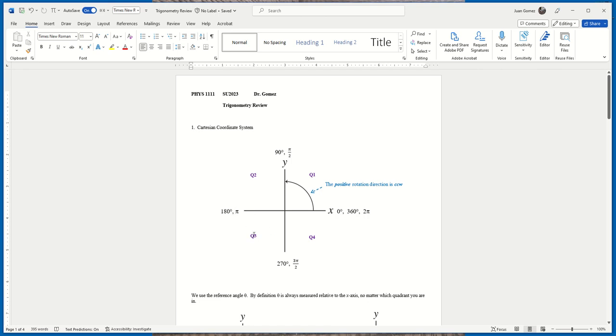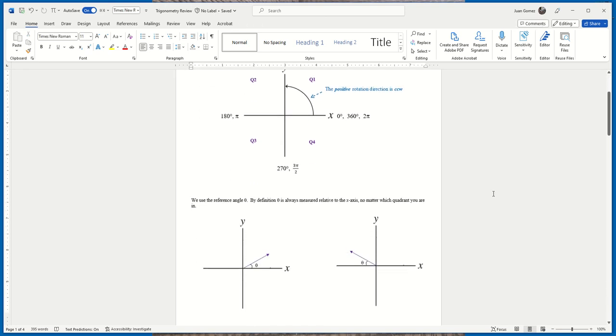Now we have Q3. And then down here, the angle is 270 degrees, which is 3 pi over 2. That's going through quadrant 3, then quadrant 4. And then when we're back where we started from, we started off at 0. Well, now we've gone one complete circle, which is 360 degrees, which is 2 pi.